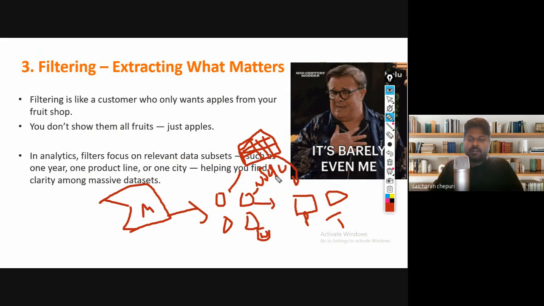Now what he's going to do is apply a data source filter on the SQL server. Or, if he's not that technical, he's going to apply a data source filter in Power BI. Power BI enforces that filter on the SQL server and only brings the filtered data.